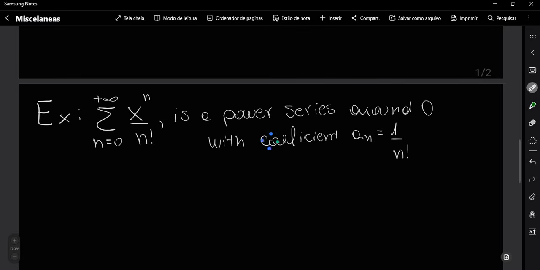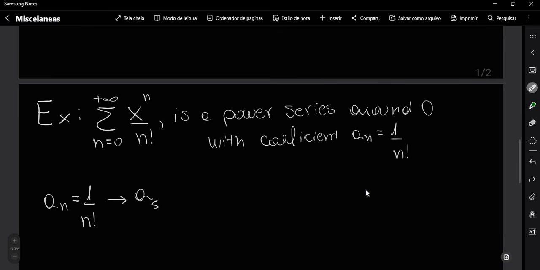So for example, let's attribute an arbitrary number for n, let's say the sequence 5, a5.